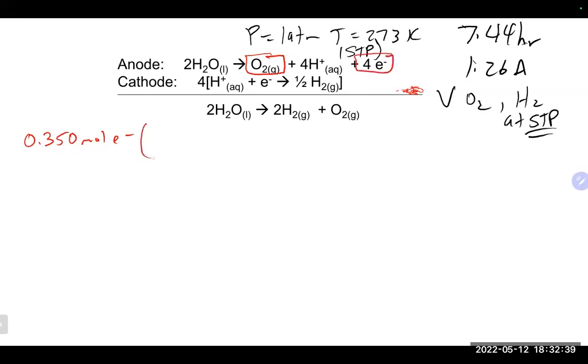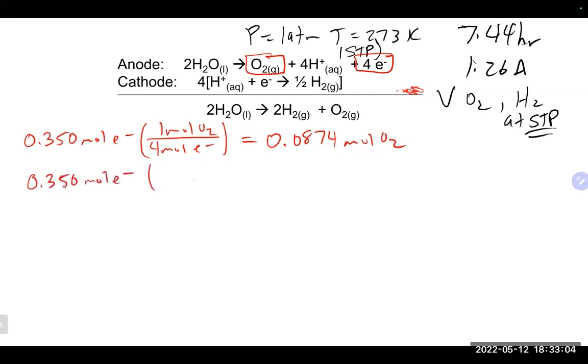So we could do that real quick here. 4 moles of electrons gives us 1 mole of O2. So if we take that, do a little dividing by 4, it gets us 0.0874 moles of oxygen. We would obviously want to do the exact same thing for our hydrogen.